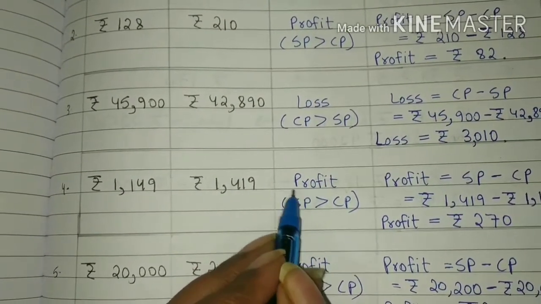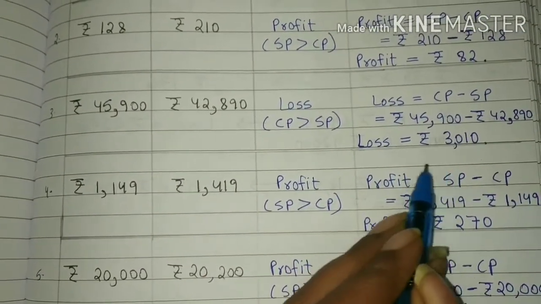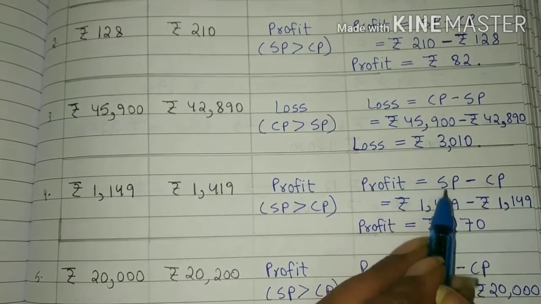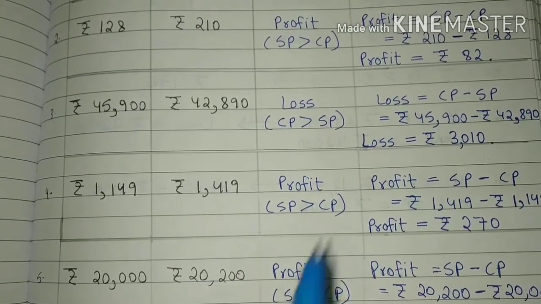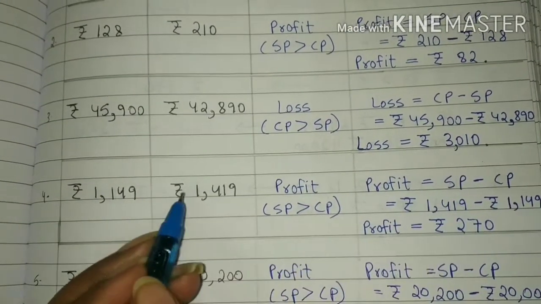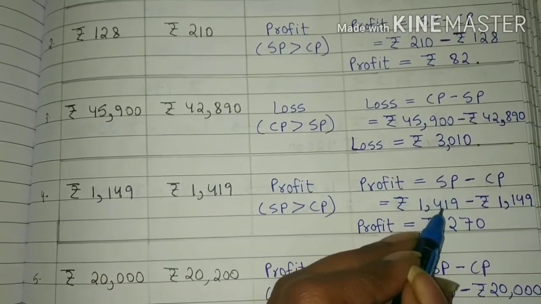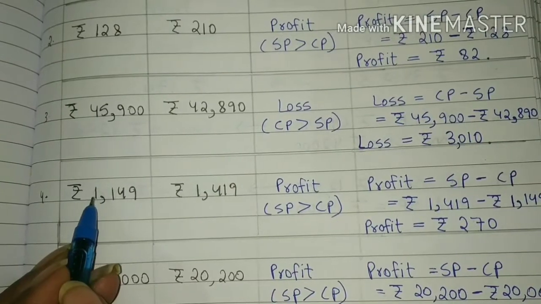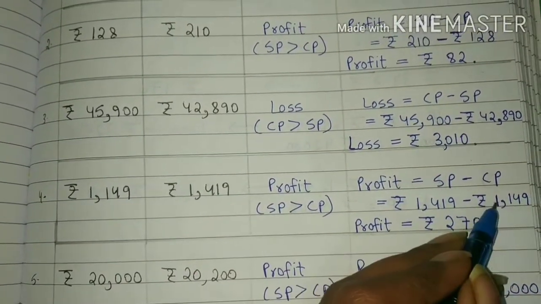So here you will write profit and here you will calculate profit amount. How will you calculate? Profit is equal to selling price minus cost price. Selling price is rupees 1419 and cost price is rupees 1149.